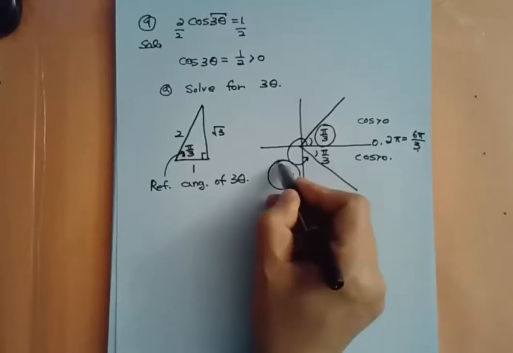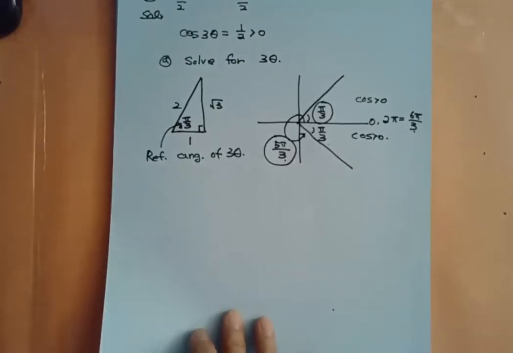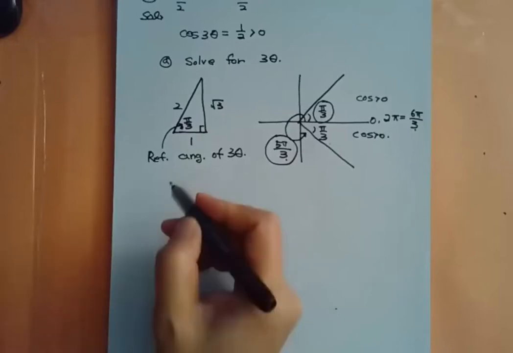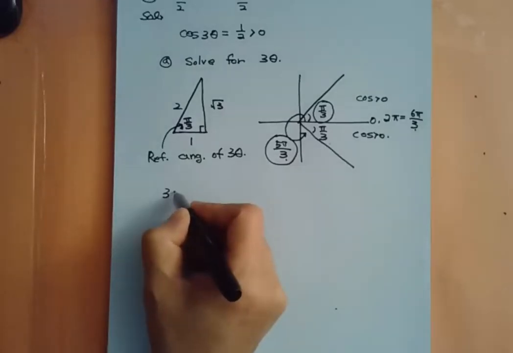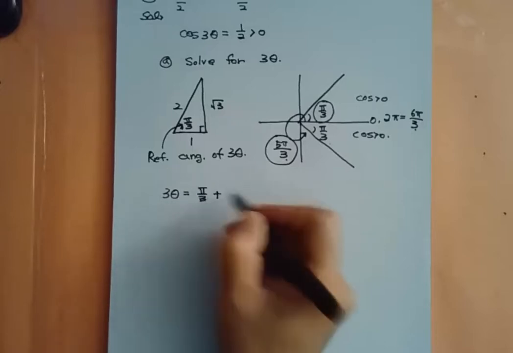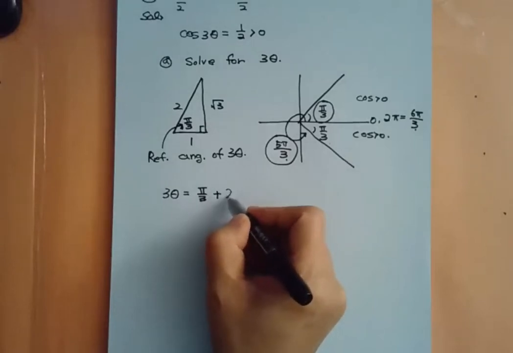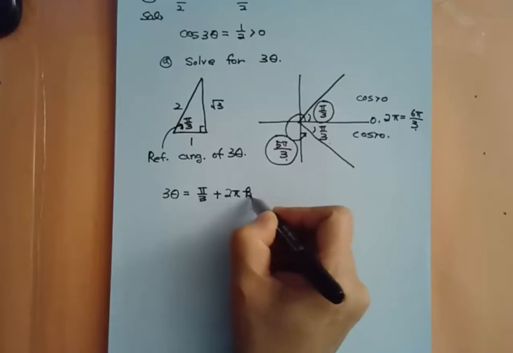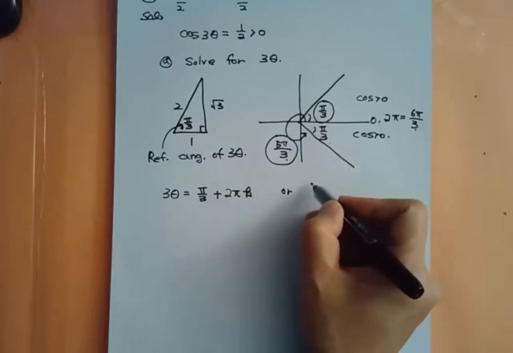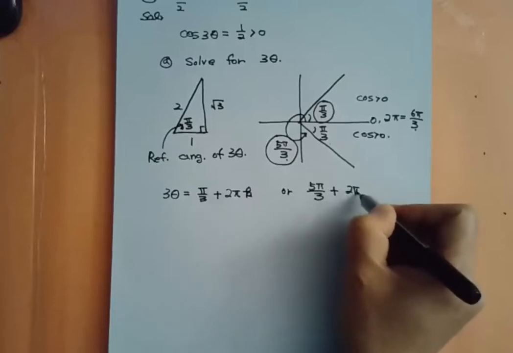So we have two angles between 0 and 2 pi. So between 0 and 2 pi, 3 theta equals pi over 3. So when we generalize, we have to add 2 pi k, and the other answer was 5 pi over 3 plus 2 pi k.